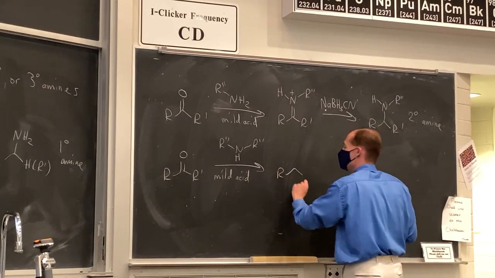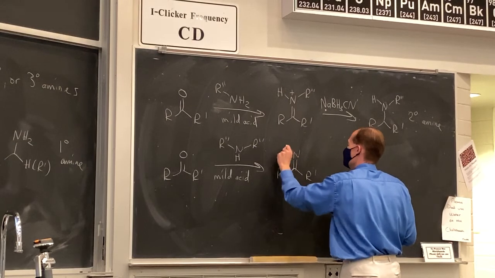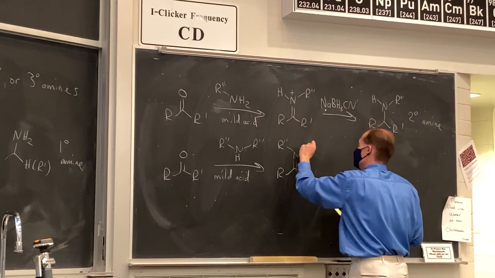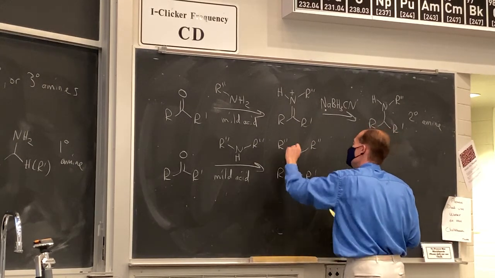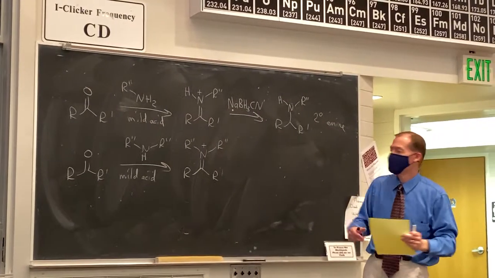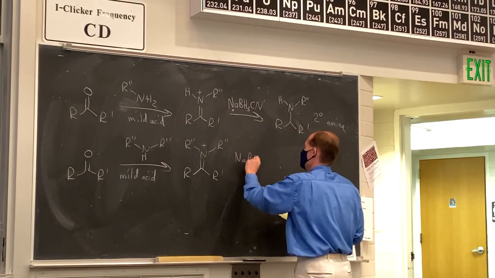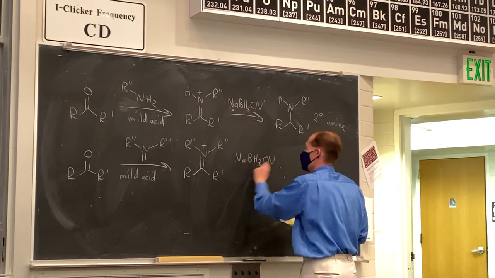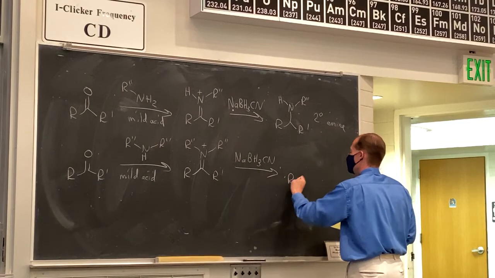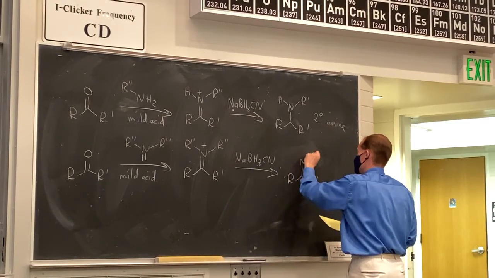We remember from chapter 21 that the product of a secondary amine and a ketone or aldehyde is an enamine, but the precursor to the enamine is the iminium. So we form the iminium. The iminium gets reduced by sodium cyanoborohydride, and the product is a tertiary amine.